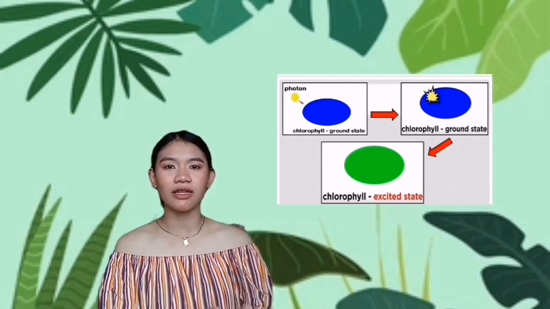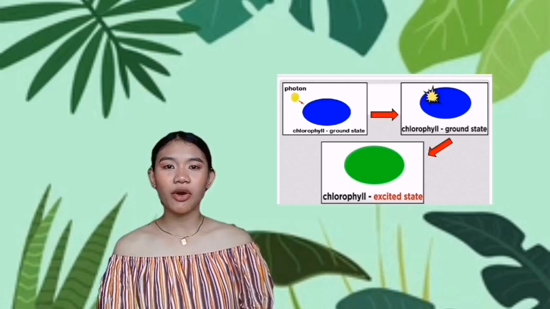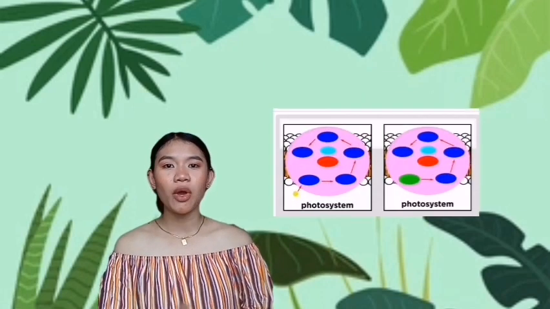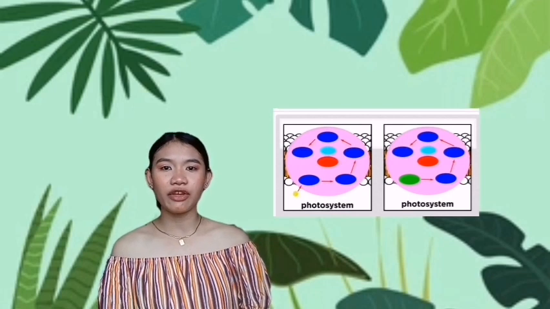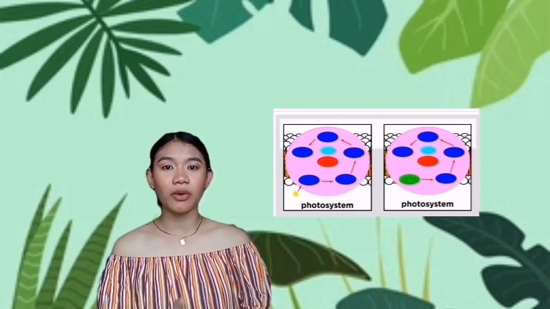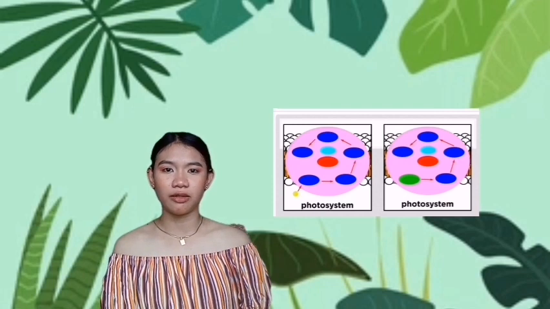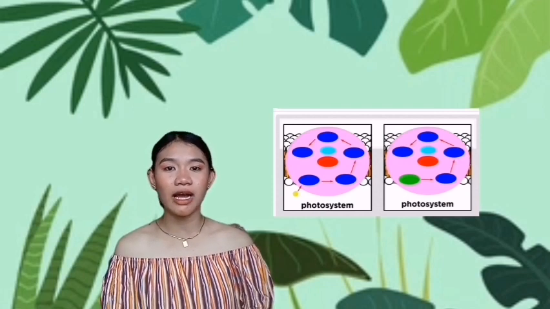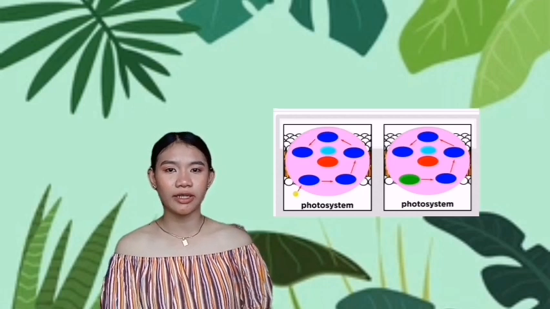an excited state. This chlorophyll molecule sits inside of the photosystem with many other chlorophylls in their ground state, represented by the blue circle, and the excited state represented by the yellow-green circle.